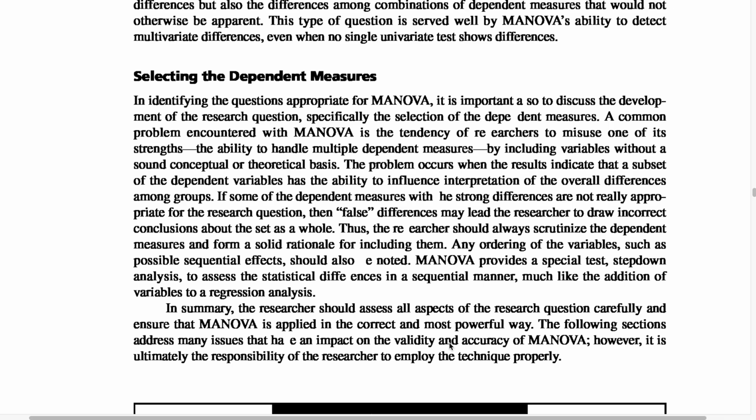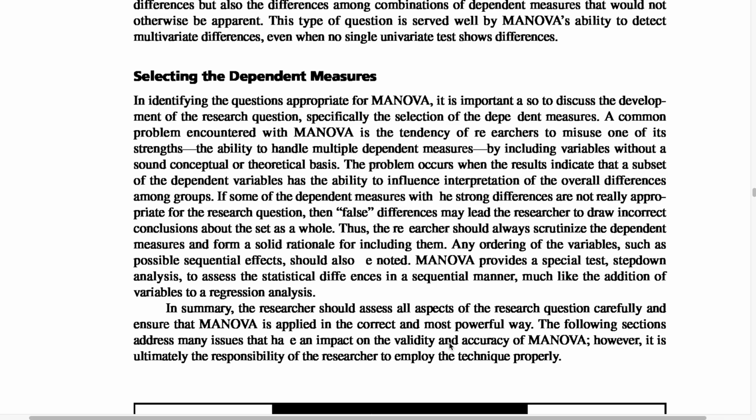The problem occurs when the results indicate that a subset of the dependent variables has the ability to influence interpretation of the overall differences among groups. If some of the dependent measurements with strong differences are not really appropriate for the research question, then false differences may lead the researcher to draw incorrect conclusions about the set as a whole.